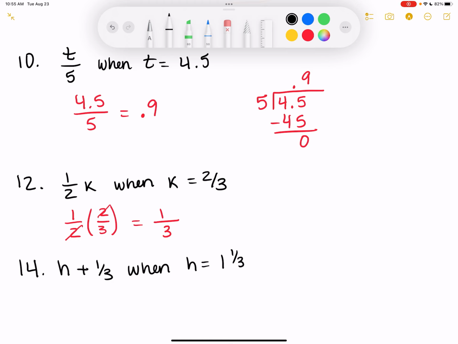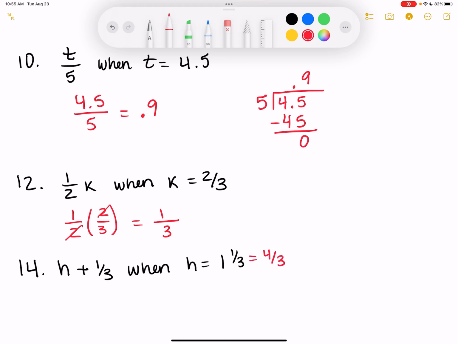So I need to plug in that value of 1 1/3 for h, but I can't really do anything with the mixed number, so I need to change it. How would I rewrite this mixed number as a fraction? Multiply 3 and 1, and then add the 1. What would that give me? 4 over 3.